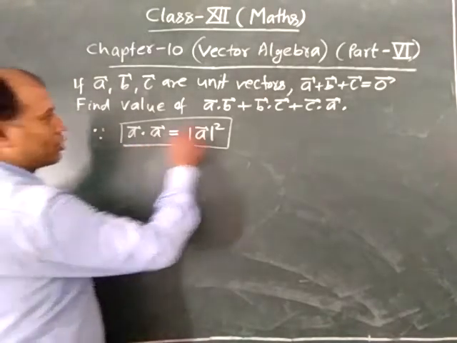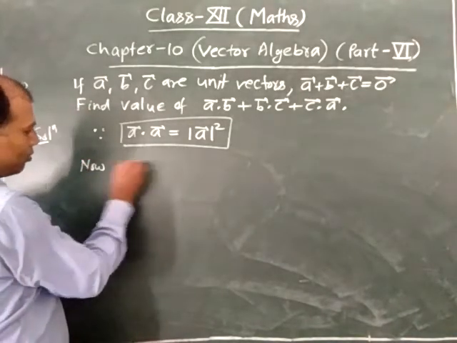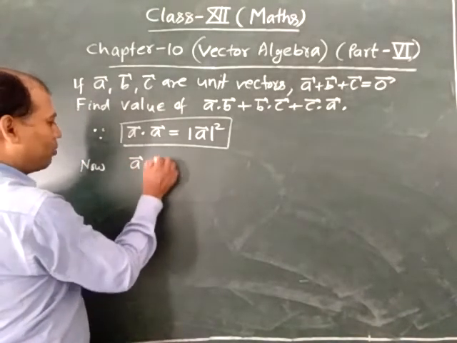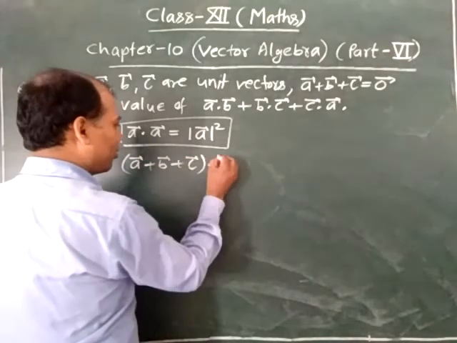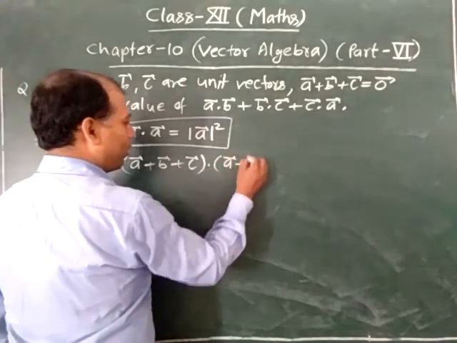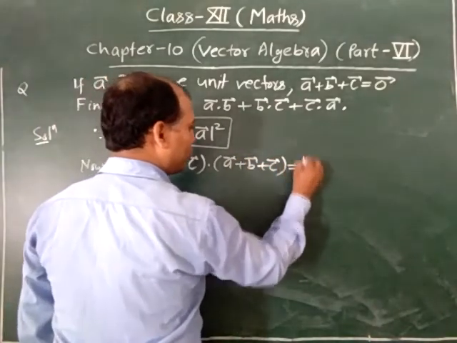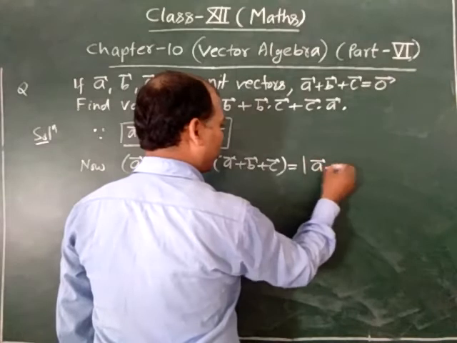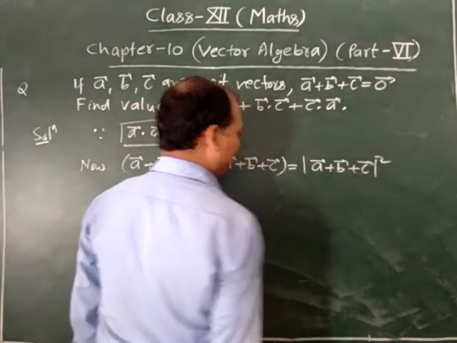So we use this here. Now (A plus B plus C) dot (A plus B plus C) is equal to modulus of (A plus B plus C) square.